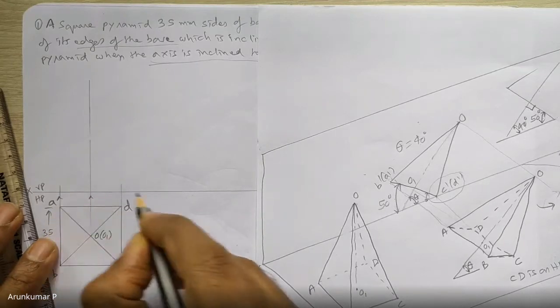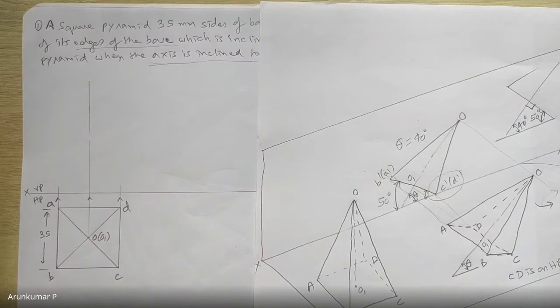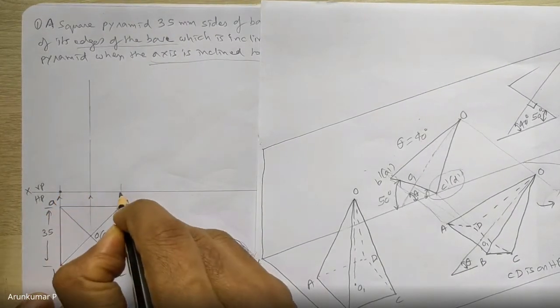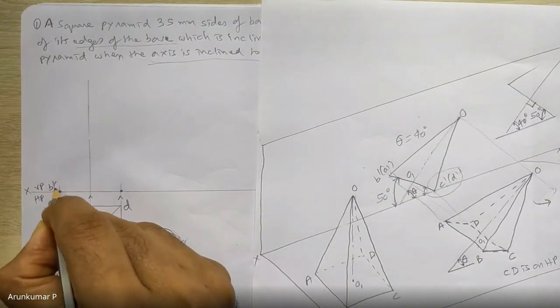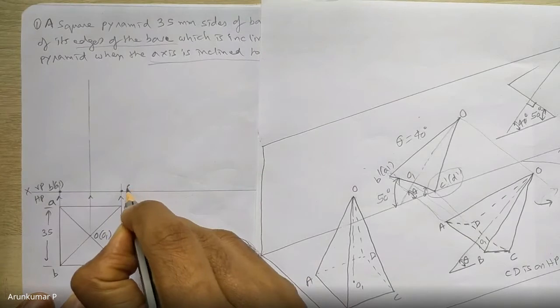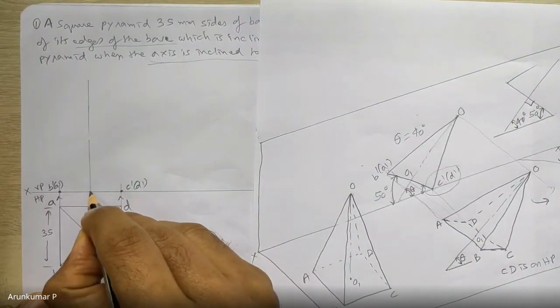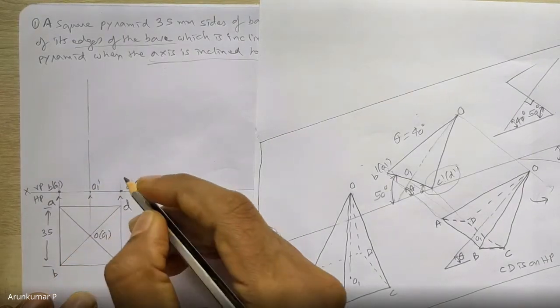So three projections. The projector of AB and CD will end here at the XY line. So this point will be B dash, A dash. This point will be C dash, D dash. This point would be the center of the base, O1 dash.